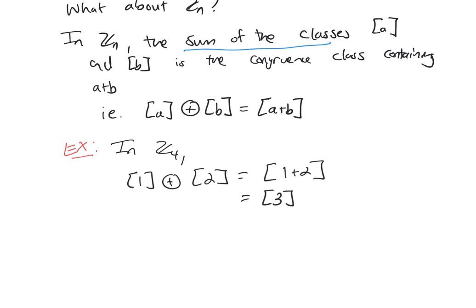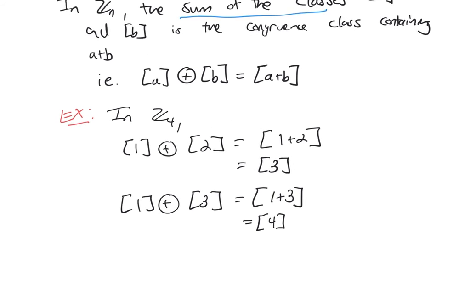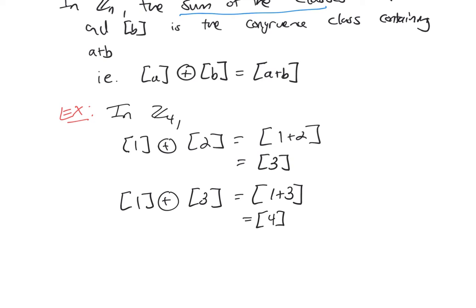Let's add 2 more together. Instead, let's add 1 and 3 together. So you combine them into the congruence class 1 plus 3, which you get 4. But this isn't one of the elements we listed in Z4, so you're going to have to think, what's my remainder when I divide 4 by 4?